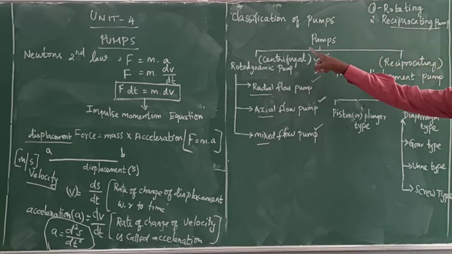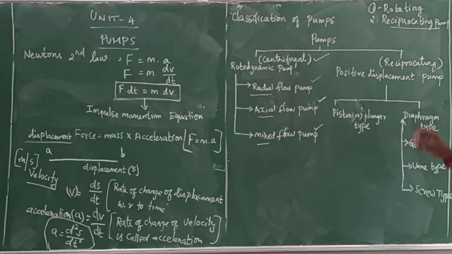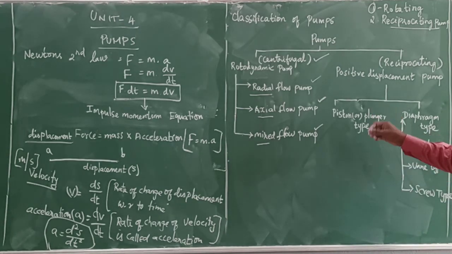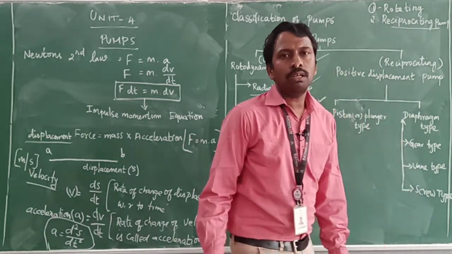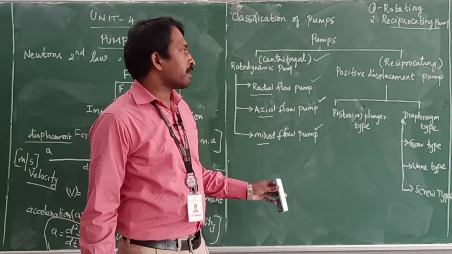So mainly we have centrifugal pump and reciprocating pump. In this unit we are going to see the problems and working principle related to centrifugal pump and reciprocating pump. In the centrifugal pump we have the velocity diagram, with which we can find out the discharge and other parameters.